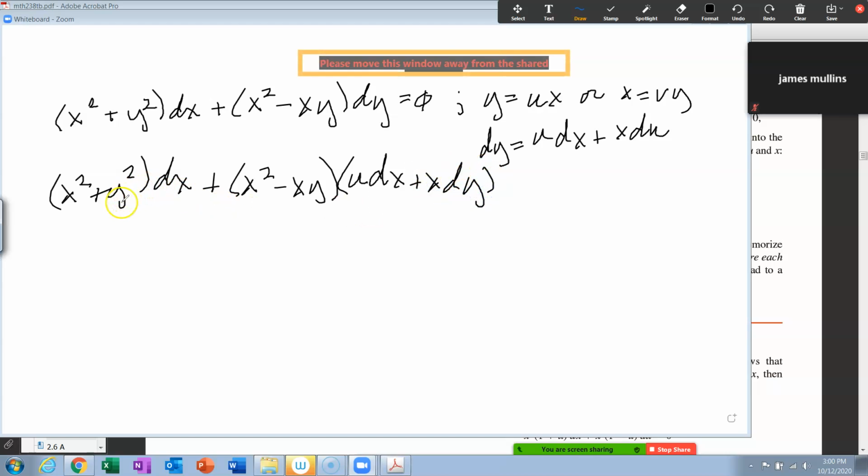Now I sort of messed something up there too. I should have gone on and put this in. So let me do that now. Sorry about that. Instead of y squared, we're going to put u squared x squared.